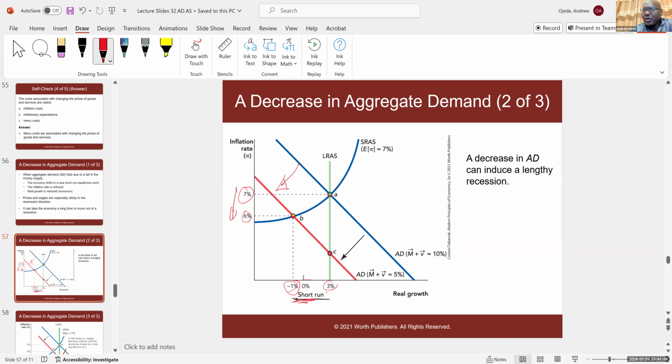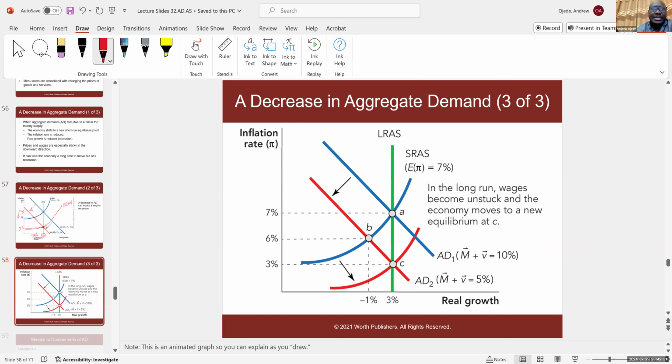It's going to continue shifting until you close that recessionary gap, when all the three curves again intersect at point C. So in the long run, as the economy adjusts to point C, inflation even falls further. It might fall to maybe 3%, I don't know what you define. But long run growth is restored. We are back to the solo growth rate of 3%.